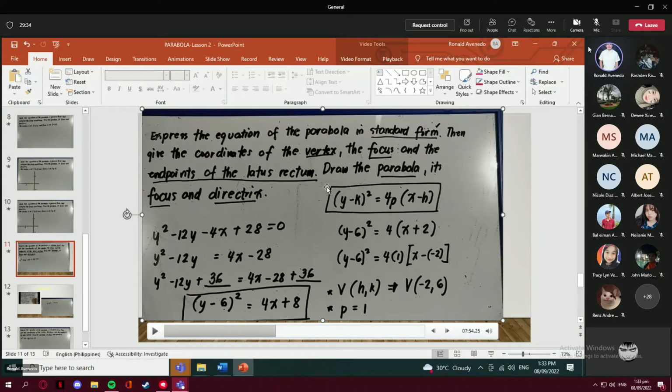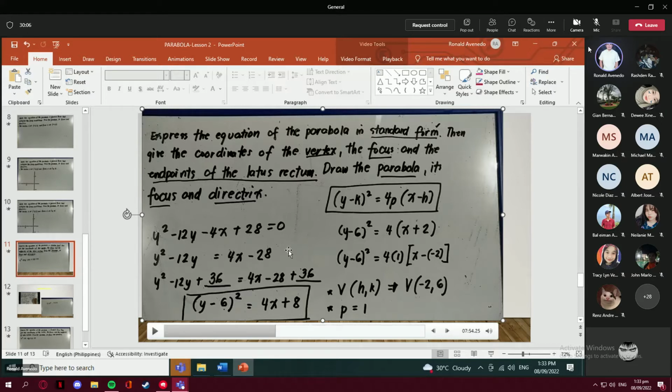Now look at here, dito sa nakabox part, the quantity of y minus k squared is equal to 4p times the quantity of x minus h. Diba? And ito yung guide natin na formula. Then dito sa lower left na nakabox din, ito yung standard form, the quantity of y minus 6 squared is equal to 4x plus 8.